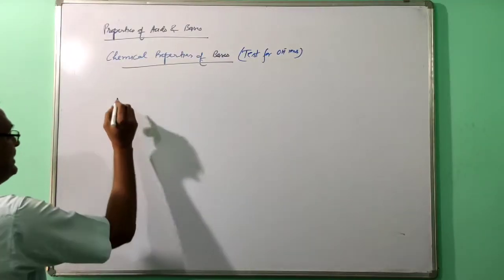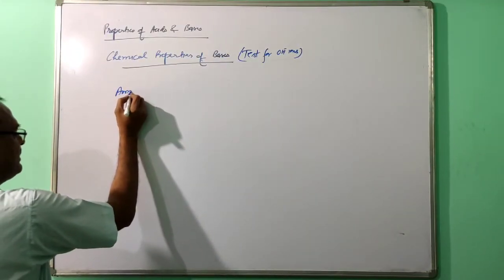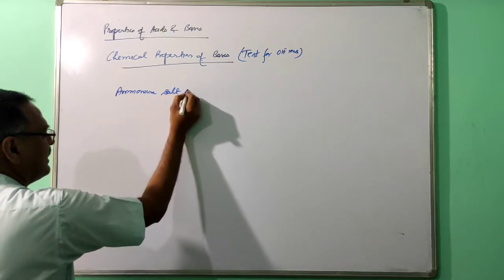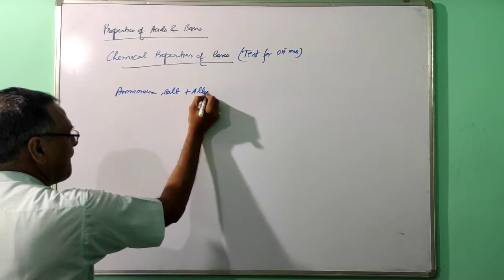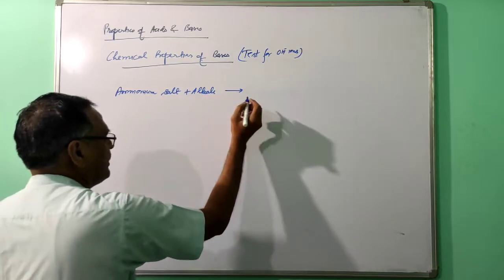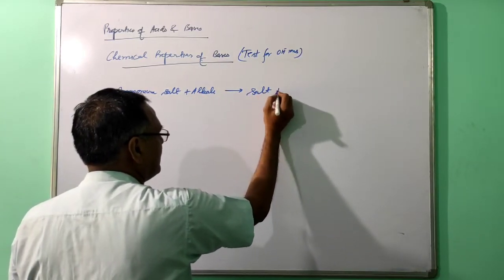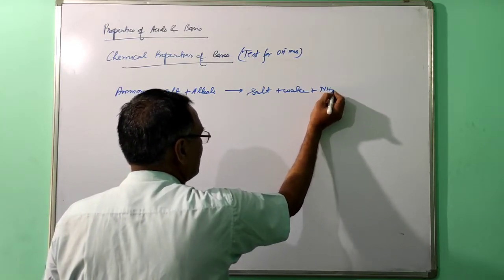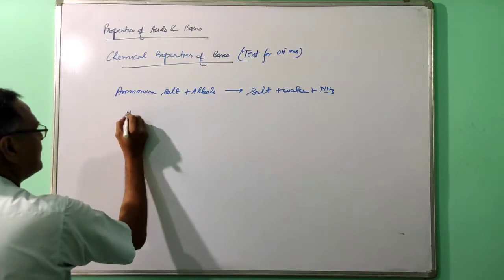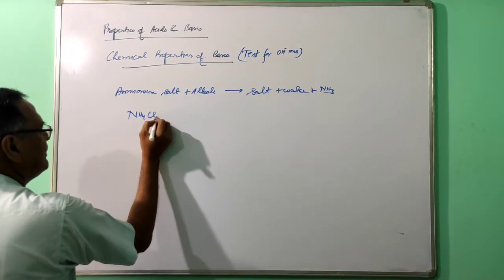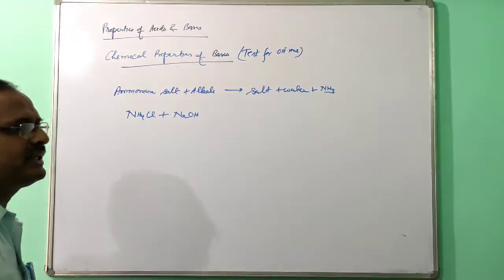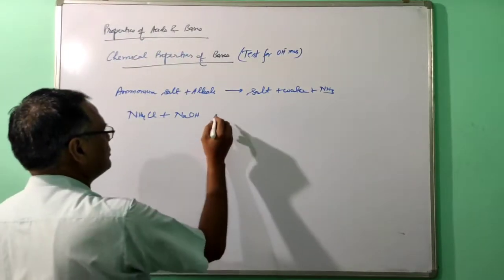So the first one: ammonium salt reacts with alkali. This will form salt, water and ammonia. So ammonium chloride reacts with sodium hydroxide alkali, either sodium hydroxide or potassium hydroxide.